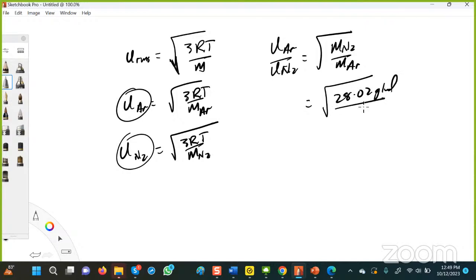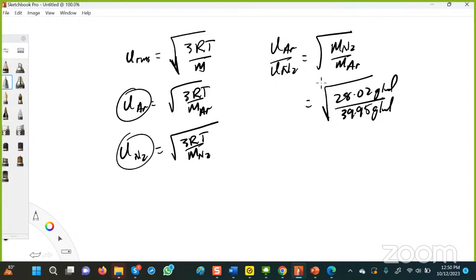And the molar mass of argon is 39.95 grams per mole.